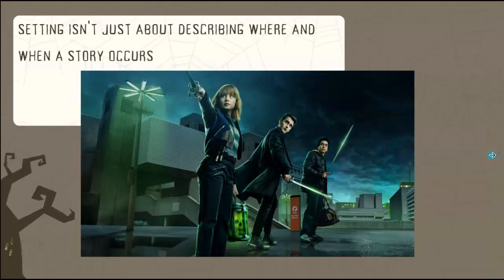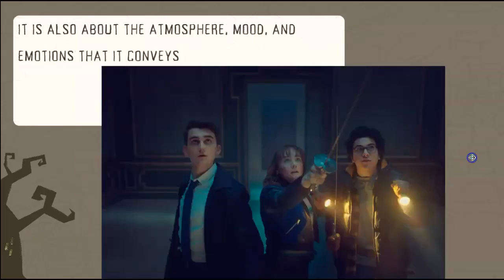Now, setting isn't just about describing the where, the location, and the when a story occurs. For example, the Lockwood & Co. stories take place in London. What's an average city? Well, it's a famous city, and they happen in the modern day. So nothing really out of the normal.